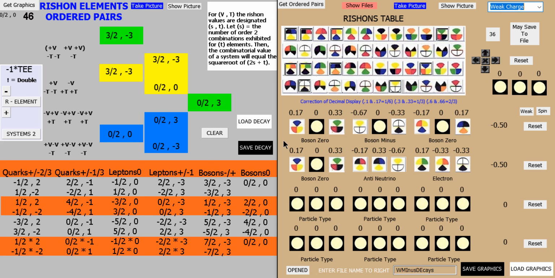Now, if we look at the antineutrino, in the right-hand spin portion of the antineutrino, we should have a minus 1/2.